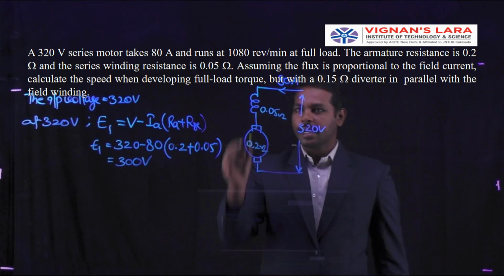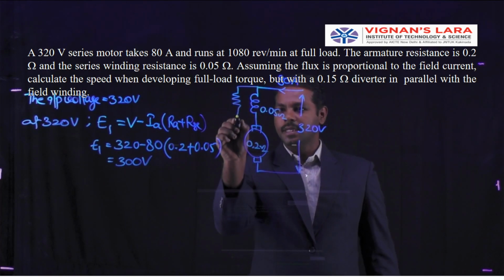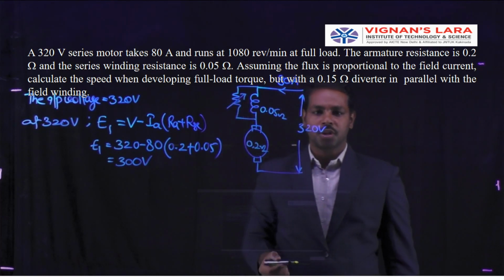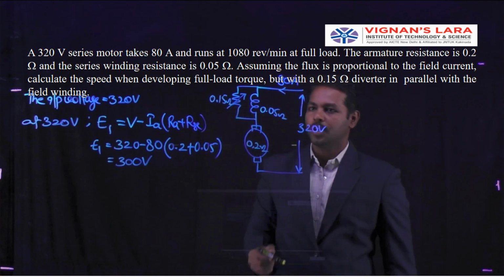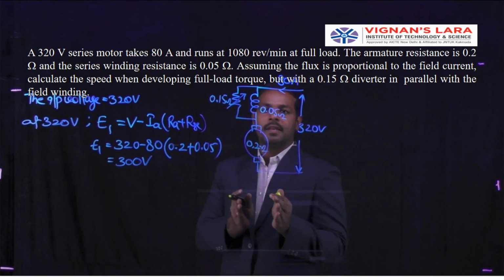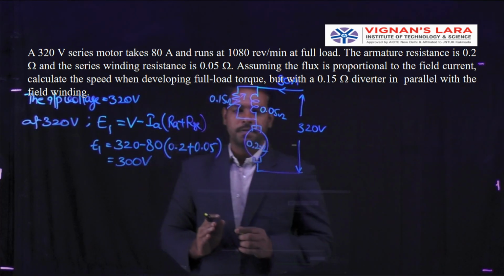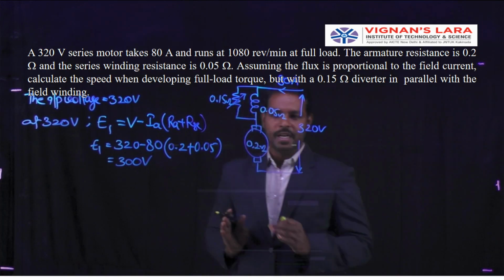In the second condition, the 0.15 ohm diverter is connected in parallel with the series field winding. At that instant we can find the speed.